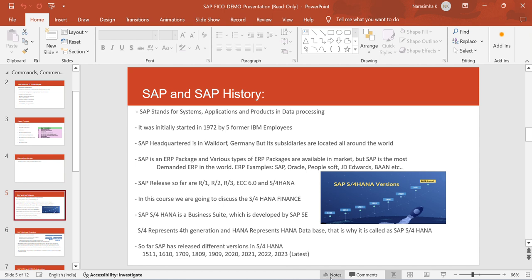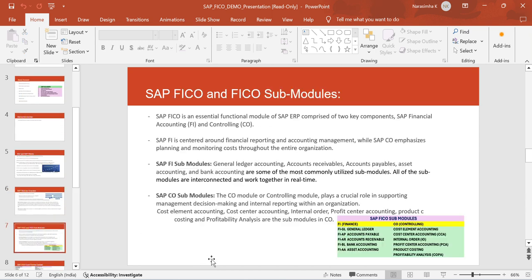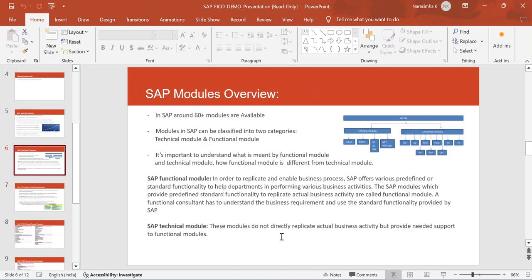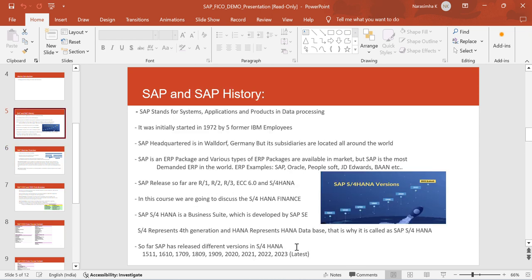What is the meaning of this? Some are year specific. If you see 1809, this version was released in 2018 in the month of September. That is how they have mentioned it. And the latest version is 2023.